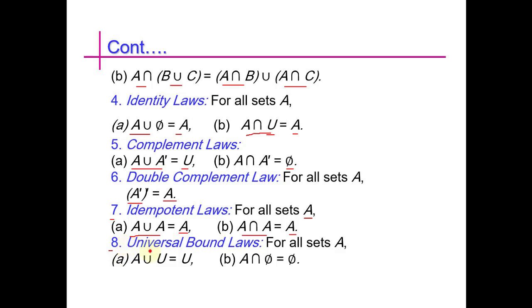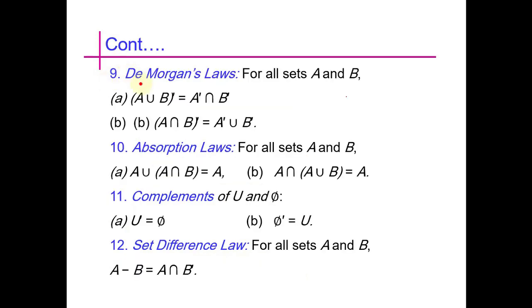In eighth property, we see a universal bound laws. For all sets A, union with its universal set will give us universal set, and A intersection with phi will give us phi, which is an empty set.